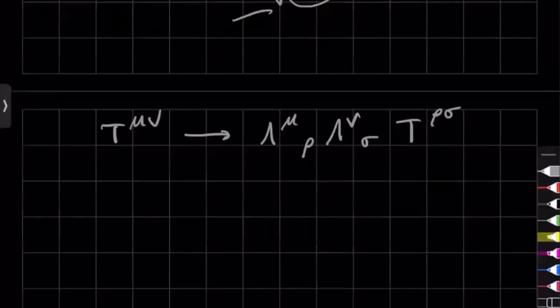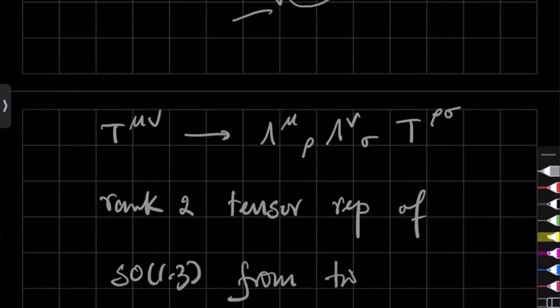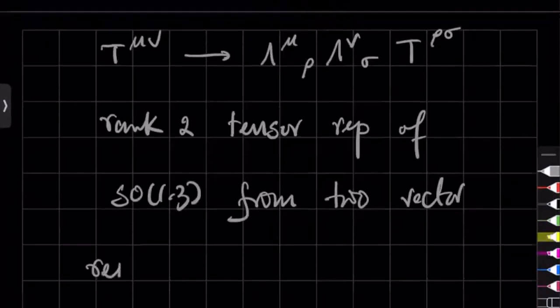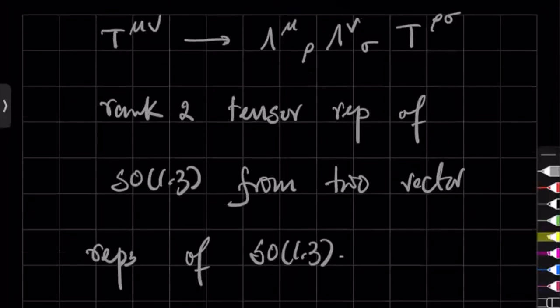Okay, so here we see that we have built a rank 2 tensor representation of SO(1,3) from 2 vector representations of SO(1,3). But it turns out this is not an irreducible representation.